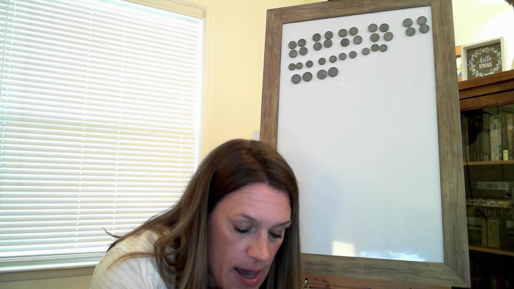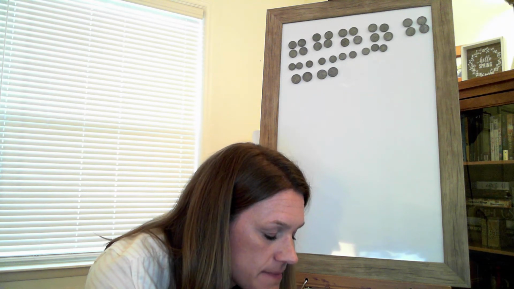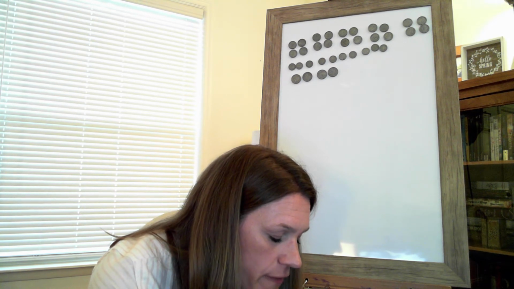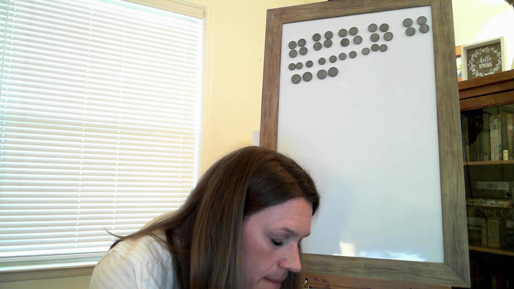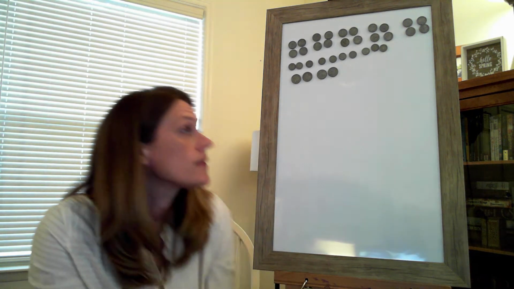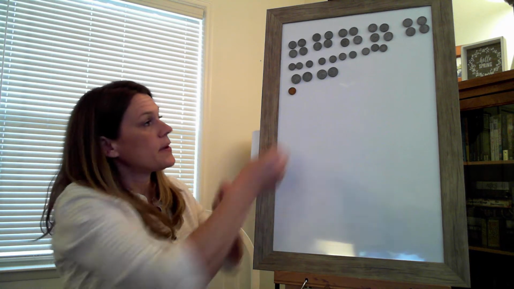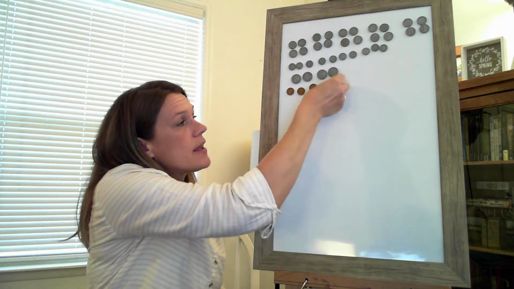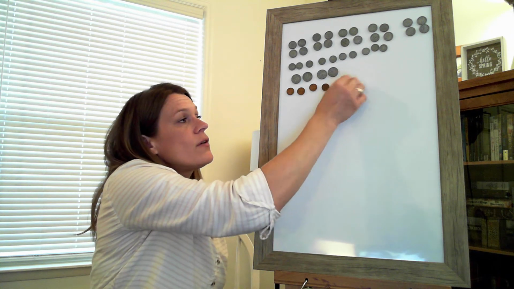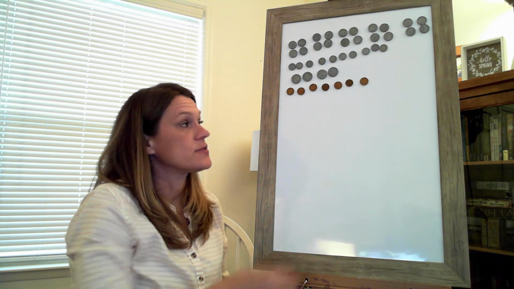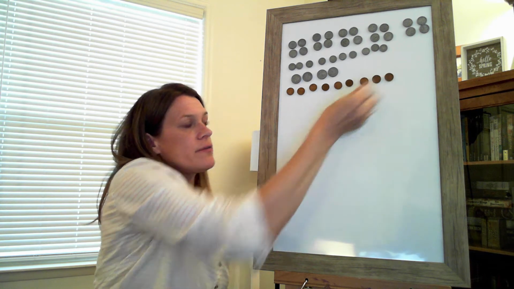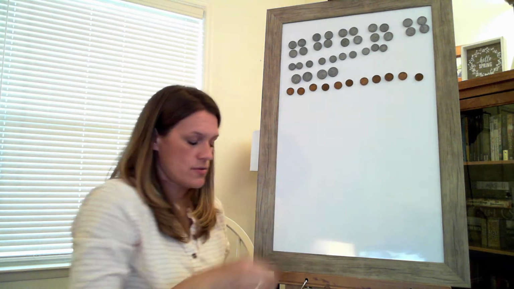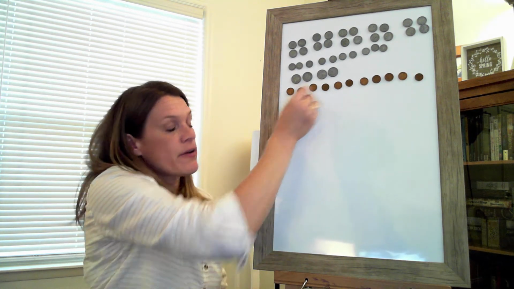You should have 4 nickels and 12 pennies. So I'm just going to throw a bunch of pennies up here. That way I'm caught up with you. So again, 3 quarters, 5 dimes, 4 nickels, and 12 pennies. You aren't going to use all of those coins, but we need all those out for you to pick from.